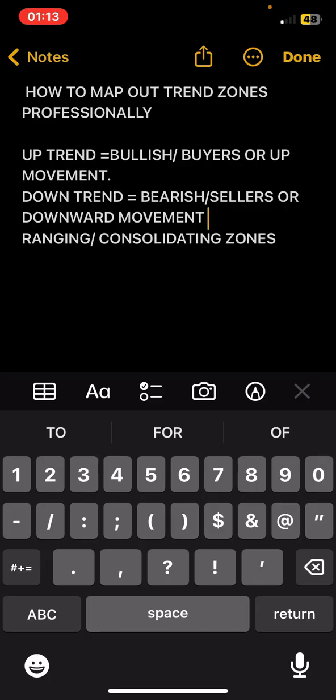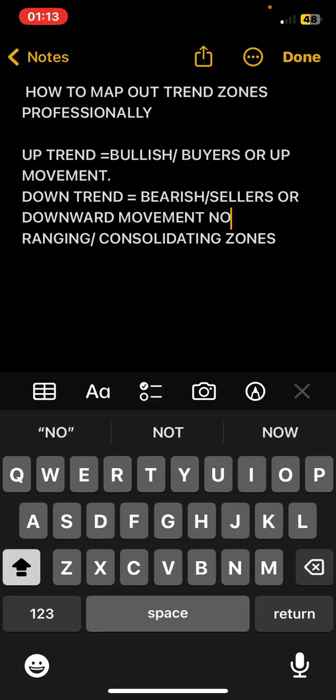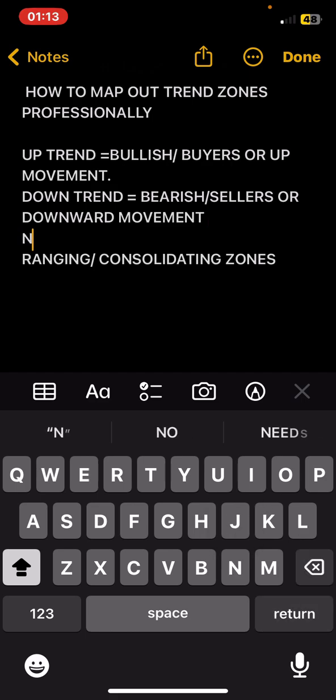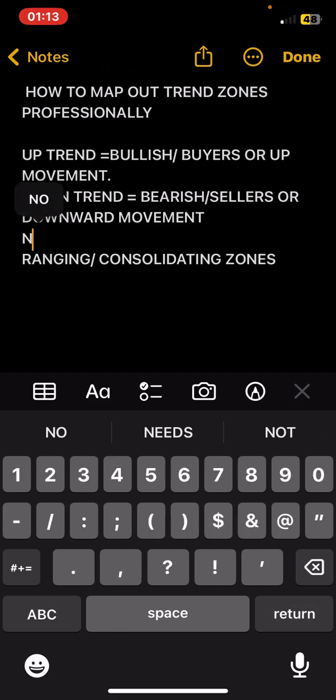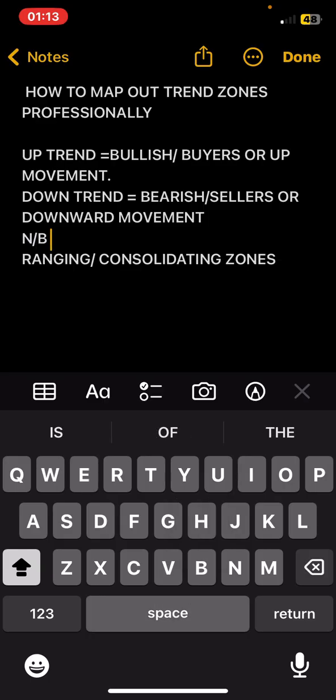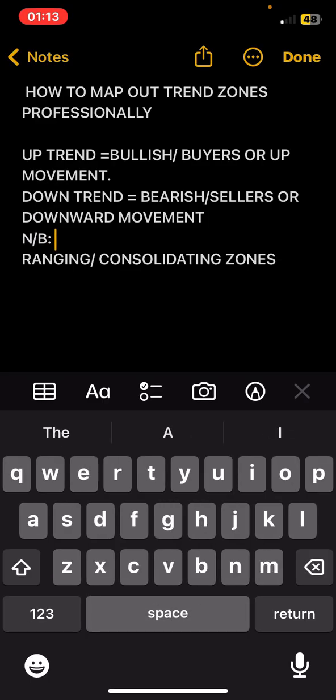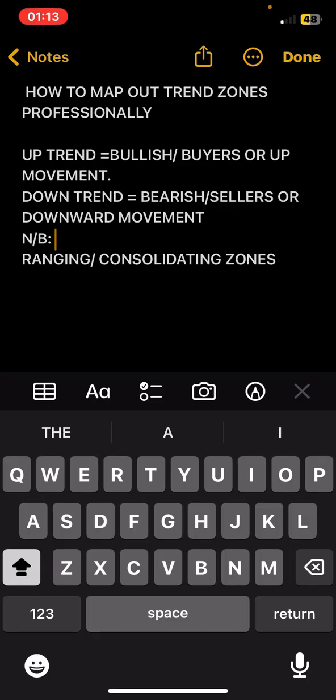Note, very important, guys. Please write these things down so you don't forget them. Now this thing I'm going to say here is very, very important. You need to understand it as a beginner.